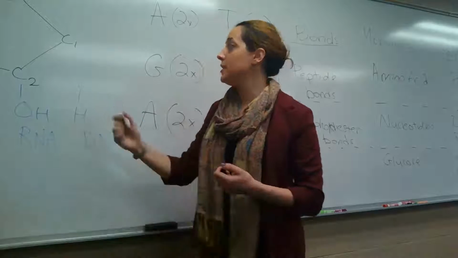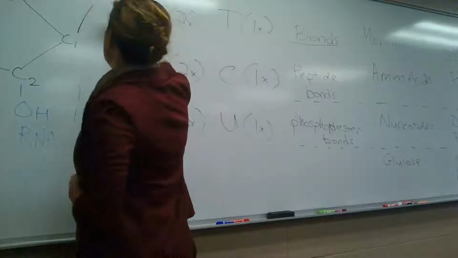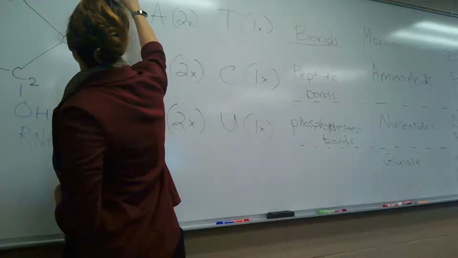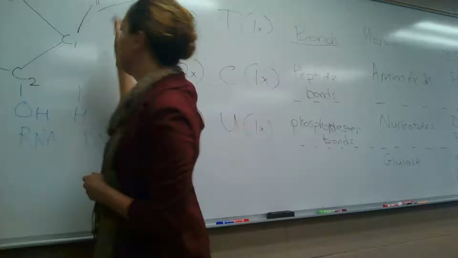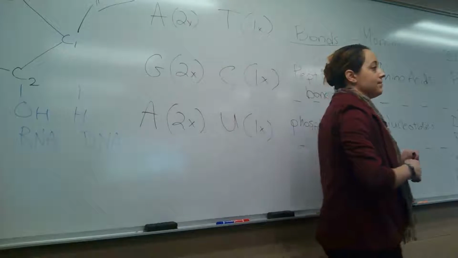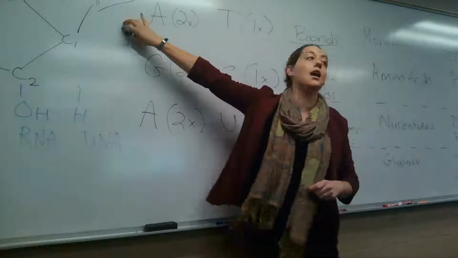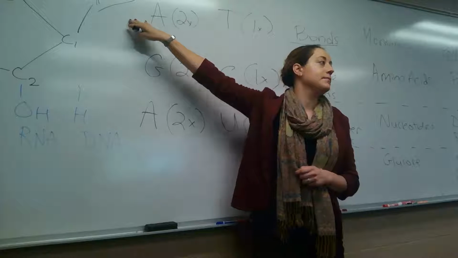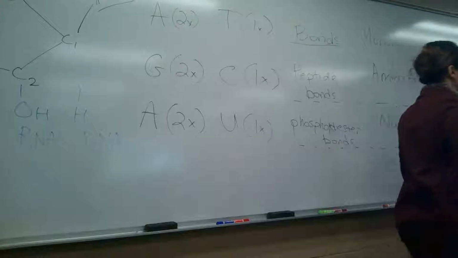The other part that's missing is the nitrogenous base, which is A, T, G, or C, which comes up here. And so that's the only thing that's not part of the phosphodiester backbone.